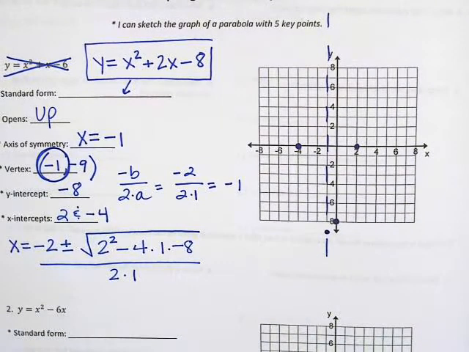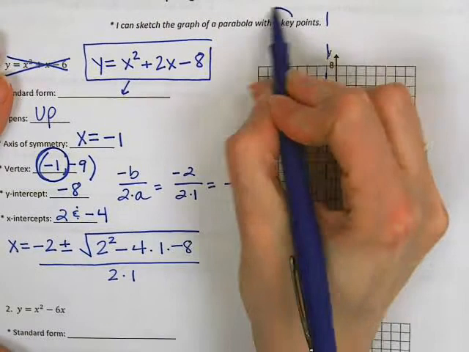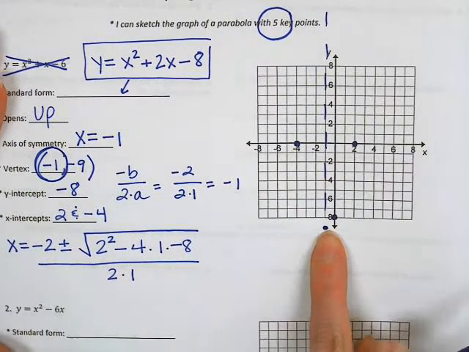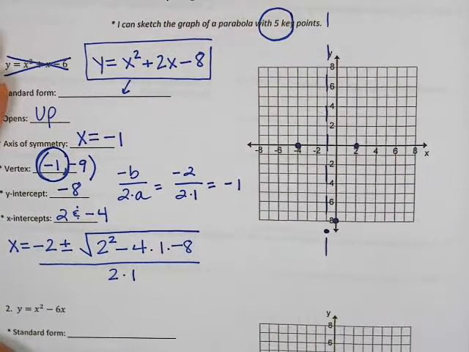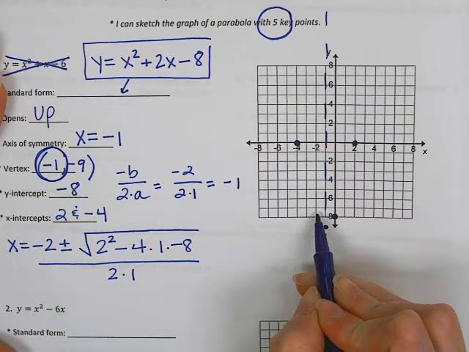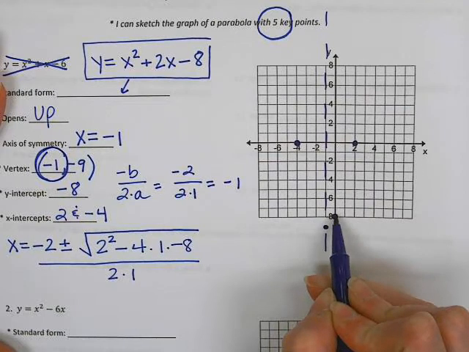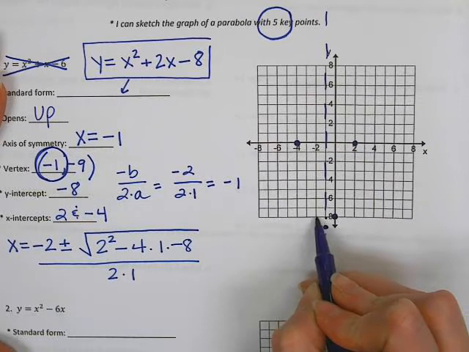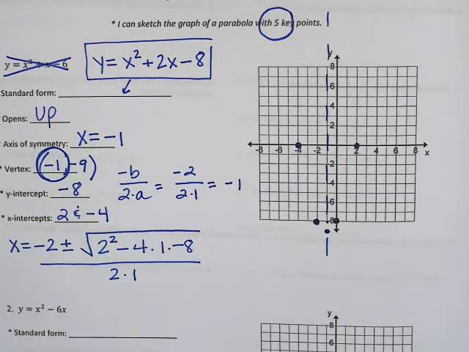Now you guys want 5 points. If you notice, 1, 2, 3, we only have 4. So here's a trick. Go to the y-intercept. If this truly is a line of symmetry, then your 5th point will come from being the same distance away on the other side of the line of symmetry.